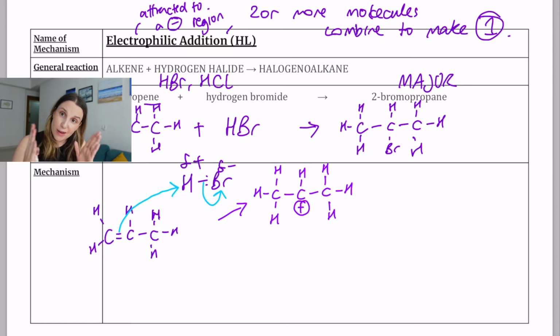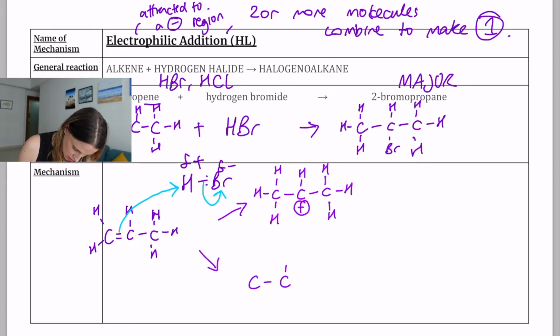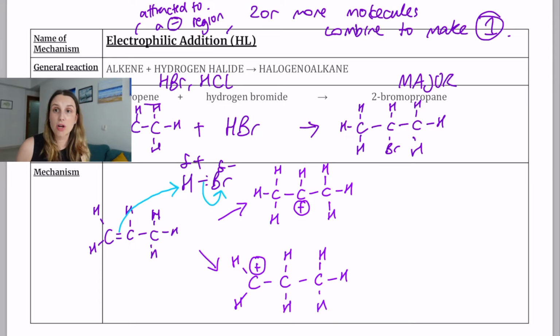If, however, when that double bond breaks, the hydrogen goes onto this middle carbon here, so we're going to leave 2 hydrogens on this side, there's another one there, and then some here. Now you can see the positive charge is on carbon number 1. So this is what dictates which is the major and the minor route of this mechanism.